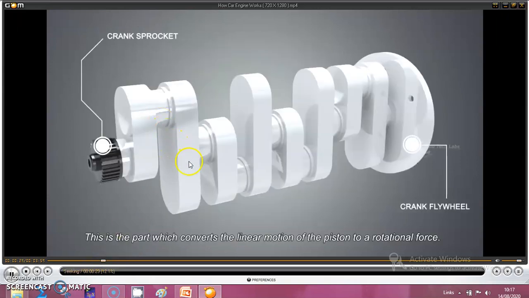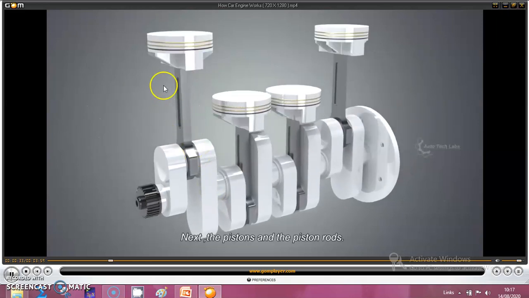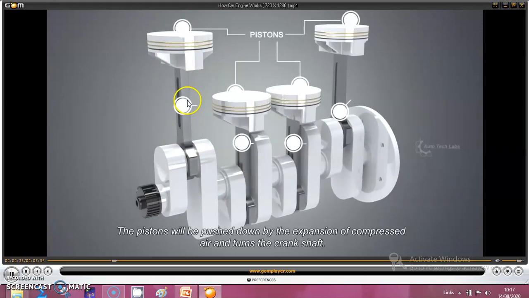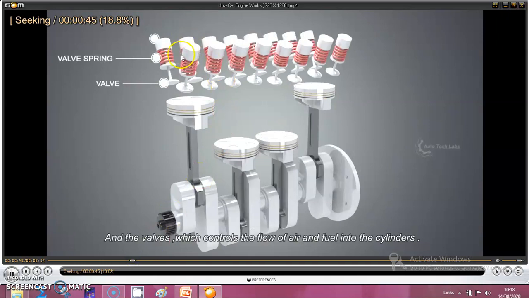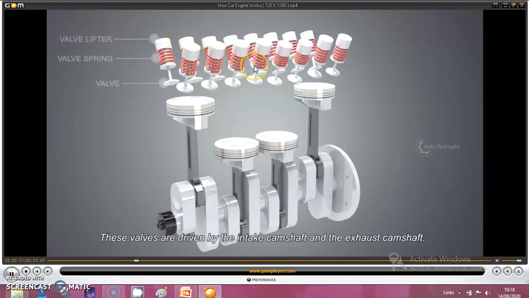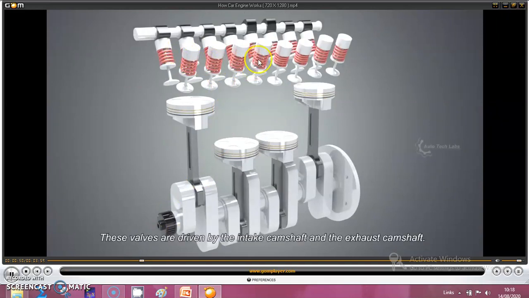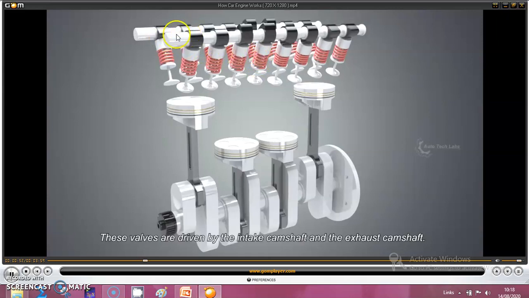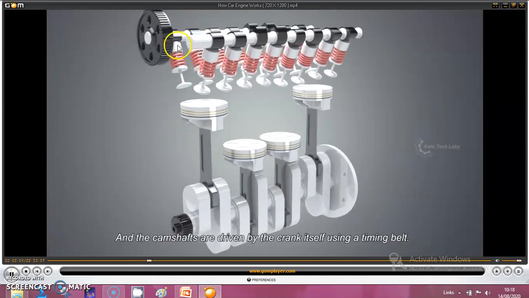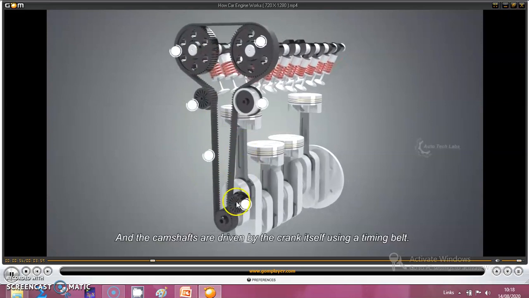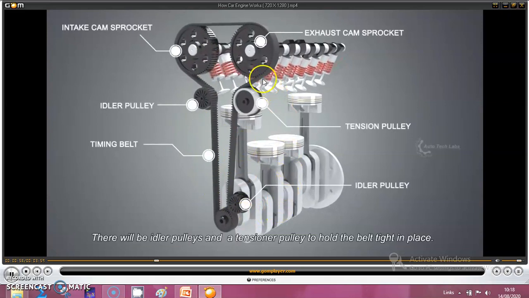This is the crankshaft we have. Then the piston and connecting rod. Then we have this inlet and exhaust valve, and these are connected using a camshaft, you can see here, and this is connected to the crankshaft using this belt.